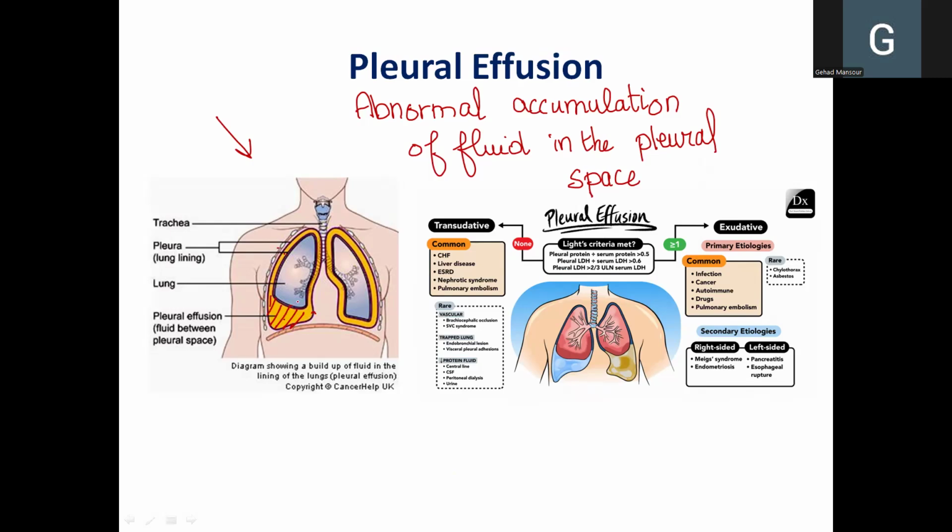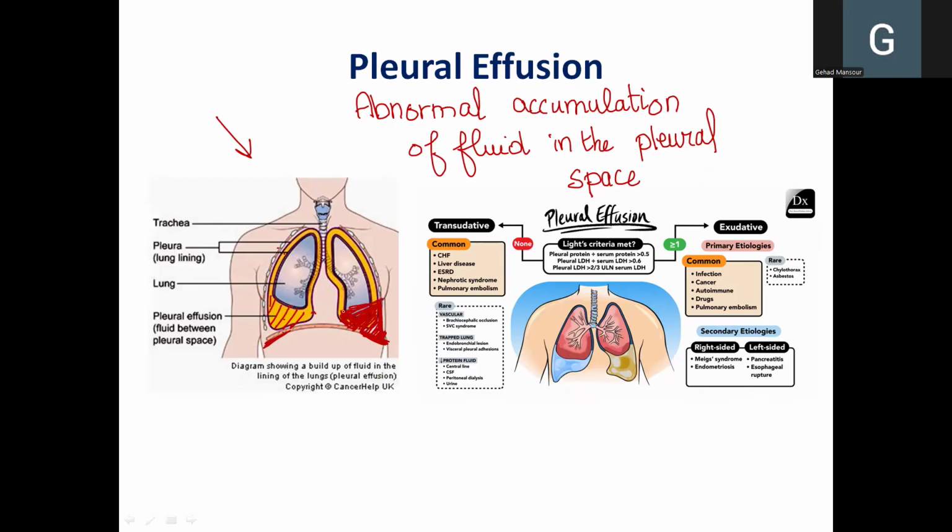Of course, as we said before, the buildup of fluid starts in the angle between the diaphragm and the lungs, like this angle, for example. This is the diaphragm, and this is the wall of the chest cavity. So the fluid starts to fill this angle and then increases gradually.